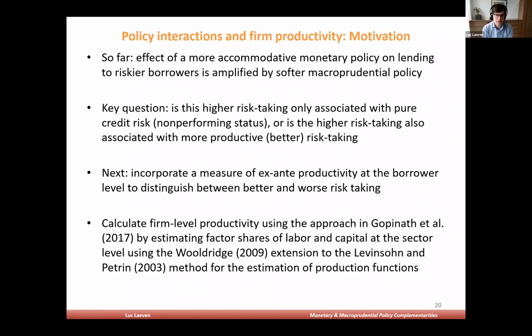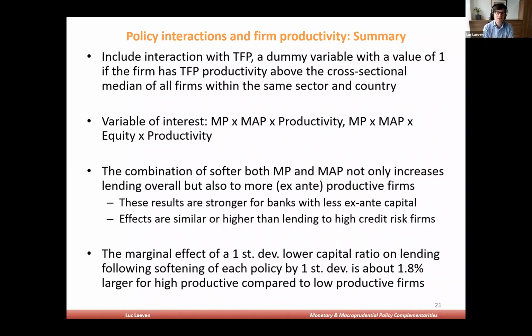We calculate firm-level productivity the same way that Gita Gopinath did in the recent QJE paper, which is basically an extension of the well-known Wooldridge approach with a more sophisticated estimation method developed by Levinsohn and Petrin. What that gives us is a dummy variable that indicates whether the firm is productive or not.